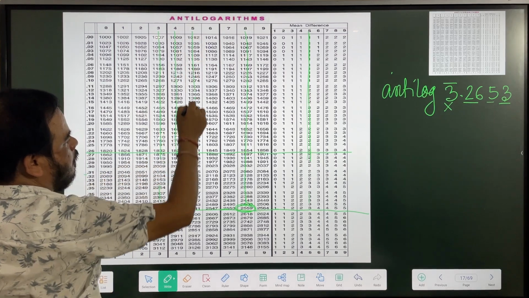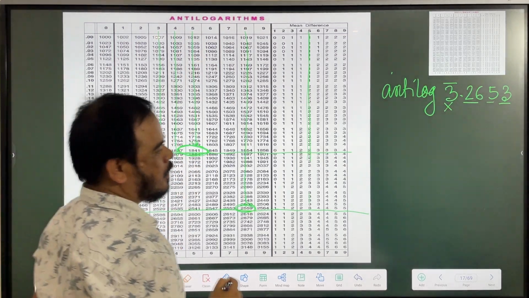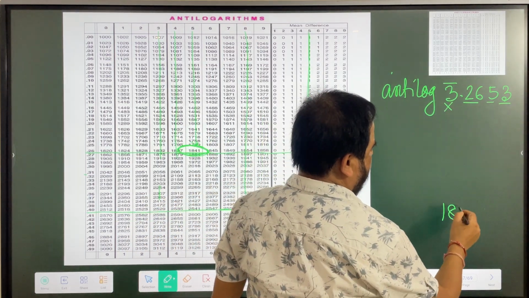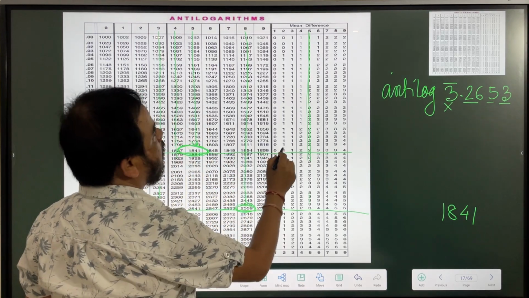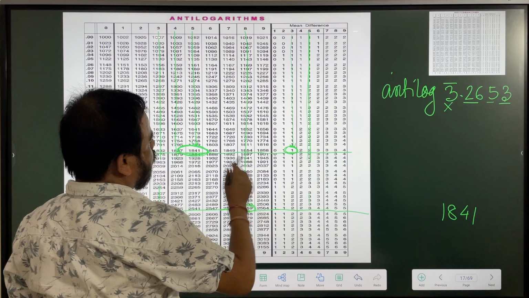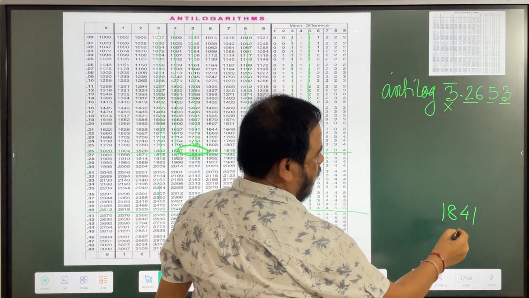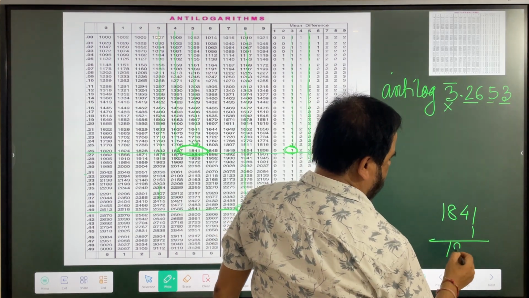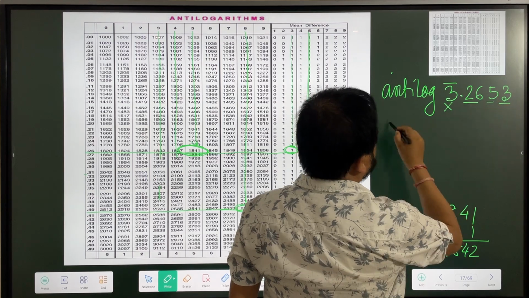So 5. There is 1841. Then 3. In that same line, 3. So there is 1 only. So this line you don't have to draw, just you can see, check it, then you can write. So 1. So 1842.